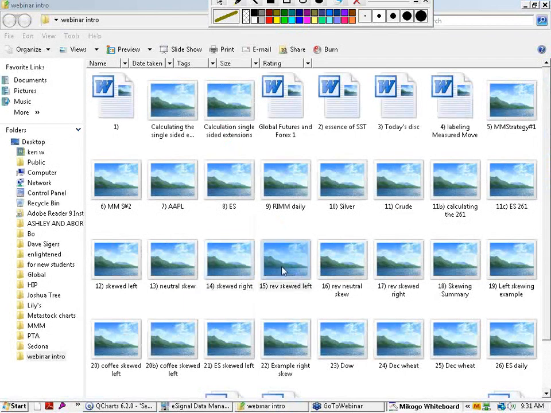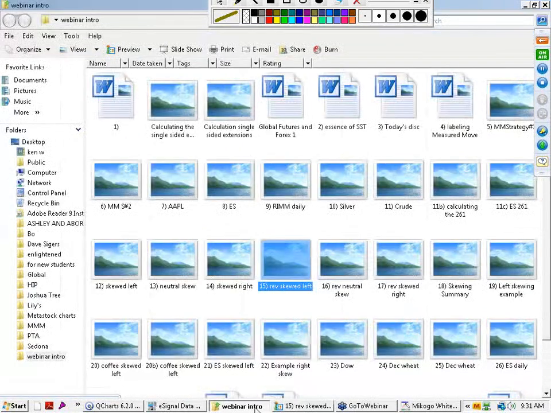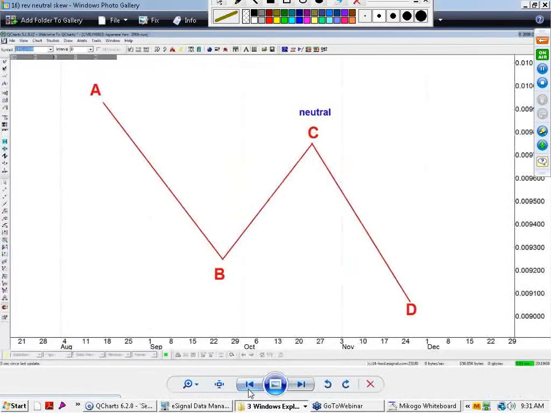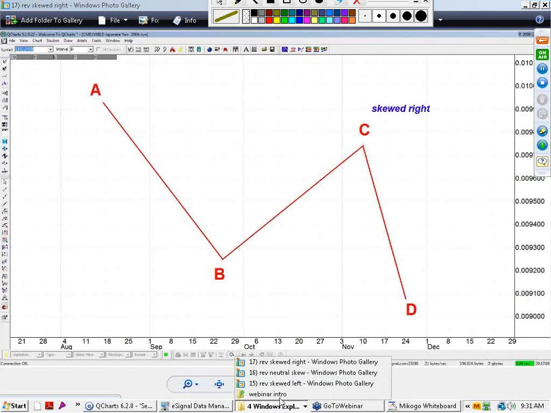So let's see what it looks like in a situation where it reversed what we saw earlier. Here's the left skew, here's the neutral skew, and of course here is a right skew. All things being equal, a right skew is a stronger downtrend with follow-through than something like a left skew. Again, you have to put things in perspective.